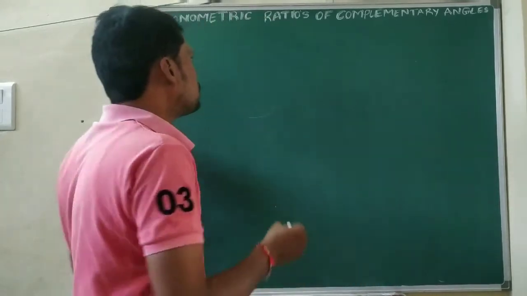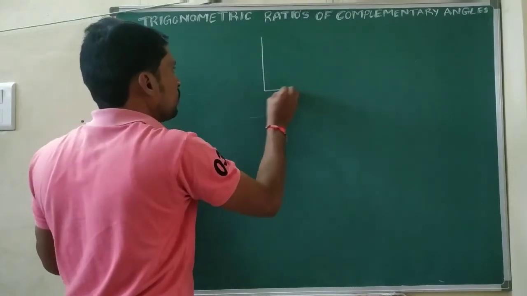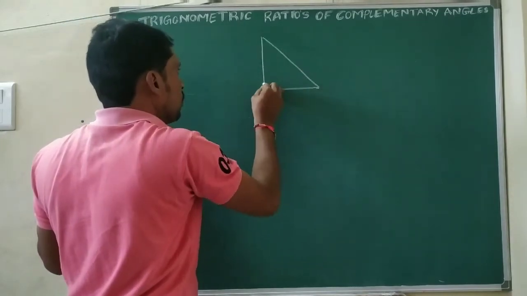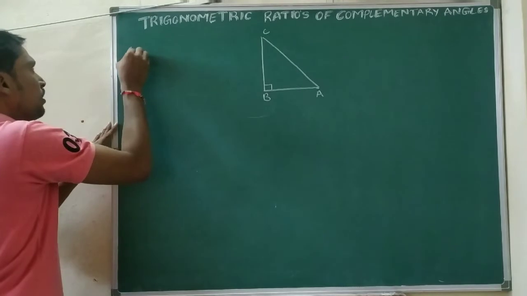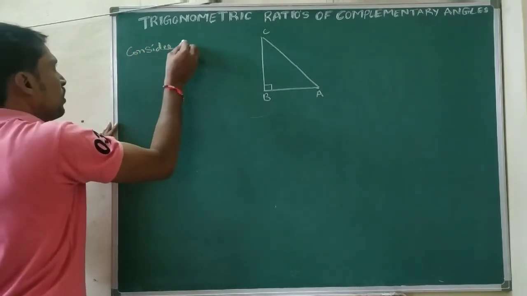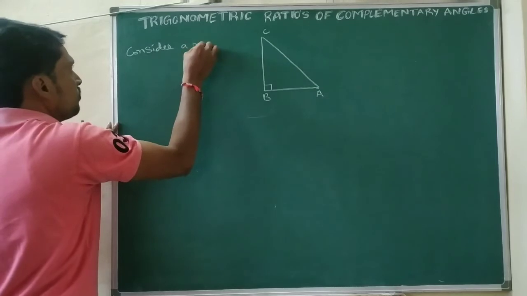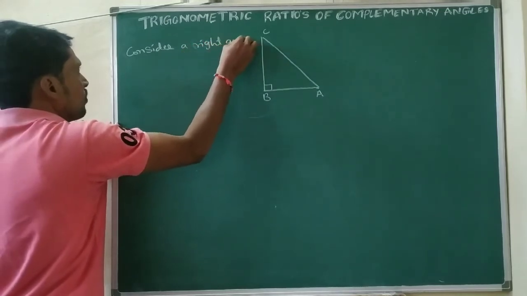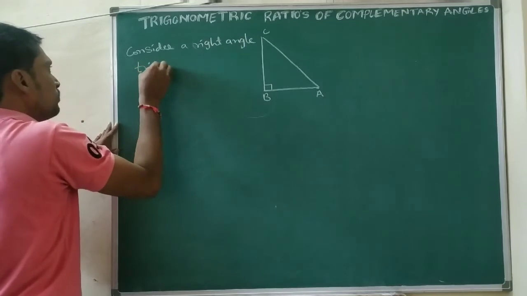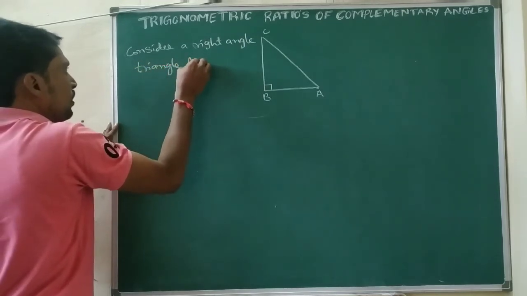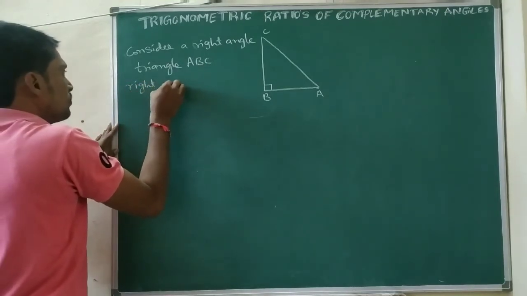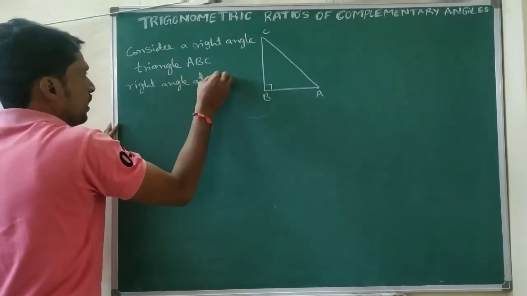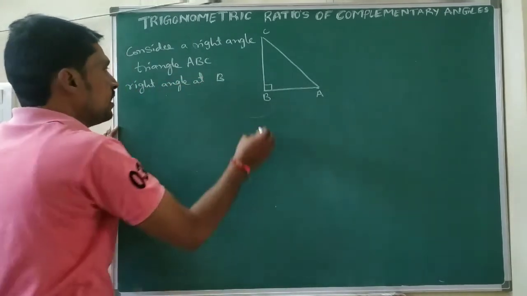So here we are constructing one right angle triangle ABC, right angle at B. So I am taking A, this is C. So consider a right angle triangle ABC, right angle at B. So right angle at B means angle B equal to 90 degrees.